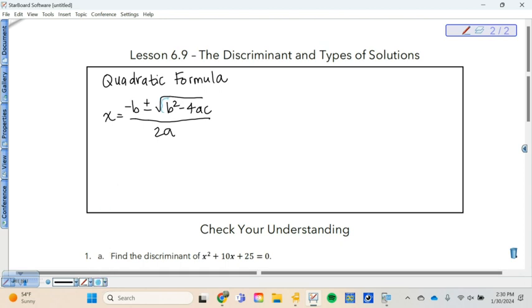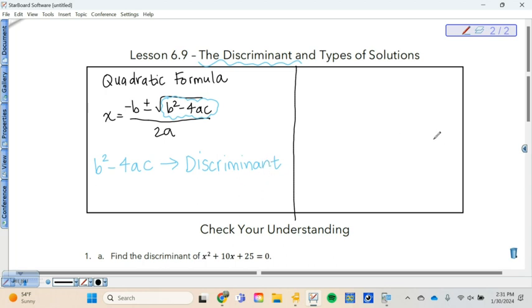And this part right here, we call the discriminant. The discriminant: b squared minus 4ac is called the discriminant. If I figure out what that value is, I can figure out how many solutions the quadratic is going to have.